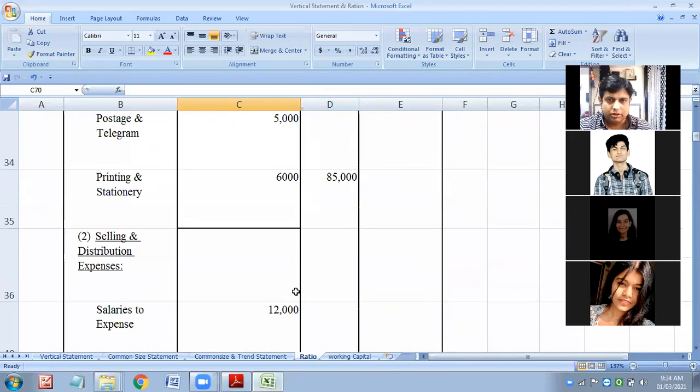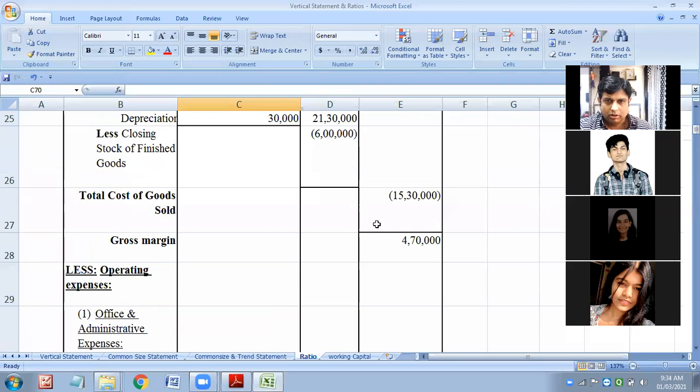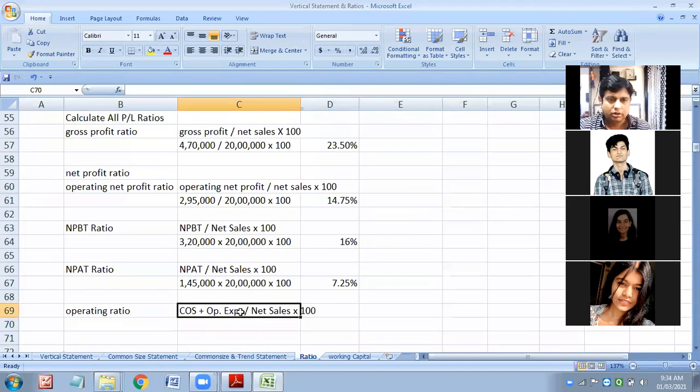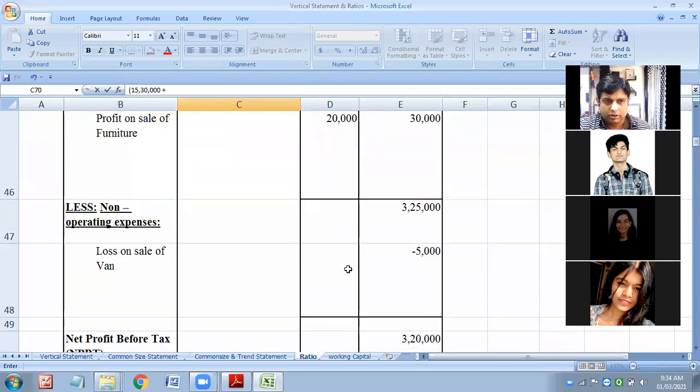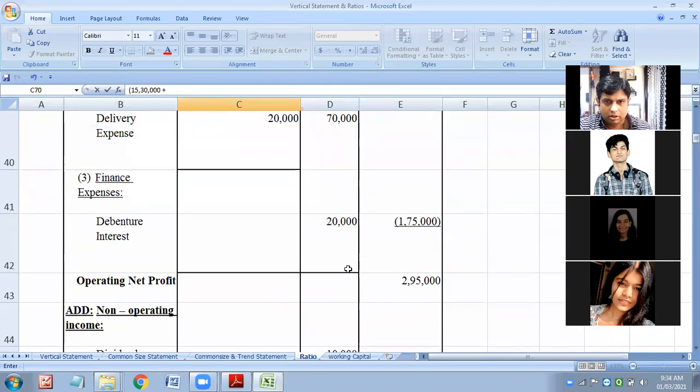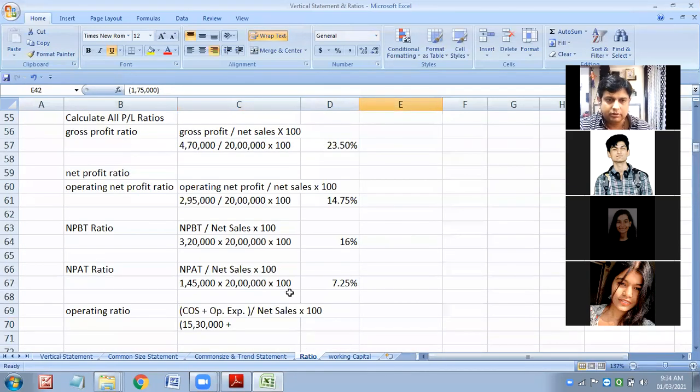So cost of sales was how much? 15,30,000, that is 15 lakh 30,000, plus operating expenses. Operating expenses was how much? 1,75,000.